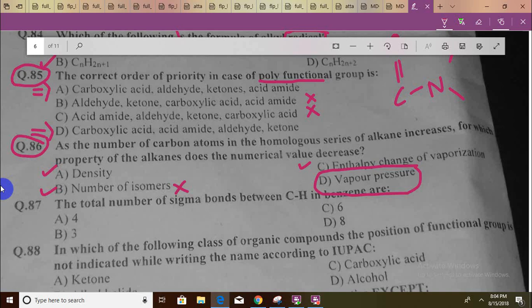Now if you look at the next part of it, there is combustion, and complete combustion yields CO2, H2O and heat, and the amount of heat evolved when 1 mole is burned is the heat of combustion.